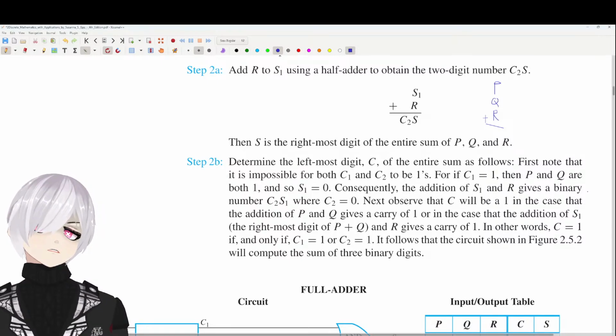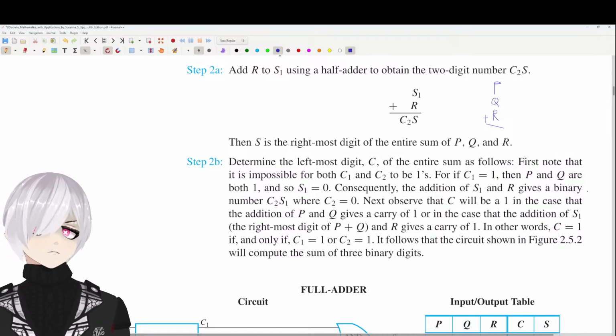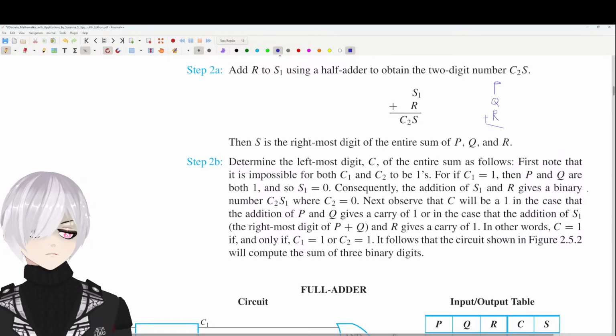So if C1 is 1, then P and Q are both 1. And if P and Q are both 1, then S1 is 0, because P plus Q is 1 plus 1, which would be 1, 0. So C1 S1 would be 1, 0.